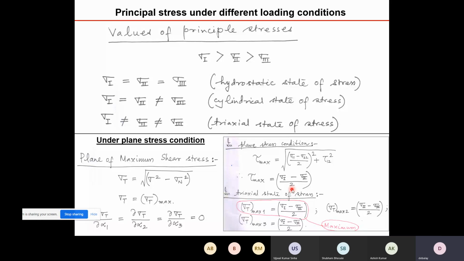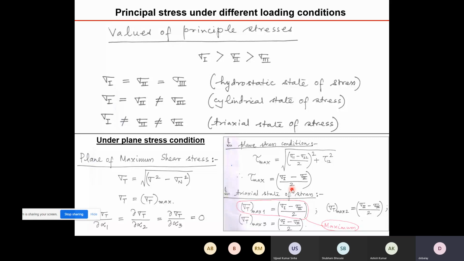So if you apply a uniaxial tension, you have sigma 1 as the applied force, and at 45 degrees to that you will find the maximum shear stress working. That is why the shear lip that forms occurs at a 45 degree angle, because metal tends to shear at 45 degrees. Similarly, when fracture occurs under shear, it is at 45 degrees. Even the slip bands that form inside a single crystal under loading are at 45 degrees with respect to the loading direction, because maximum shear stress occurs at a 45 degree angle. Sometimes it may not be absolutely 45, but close to that.